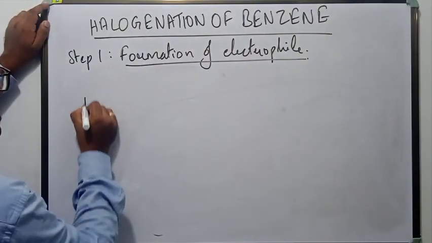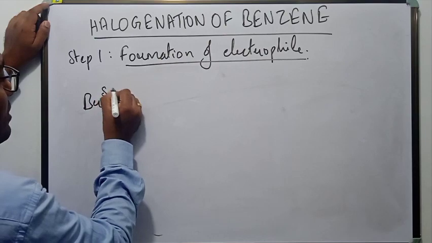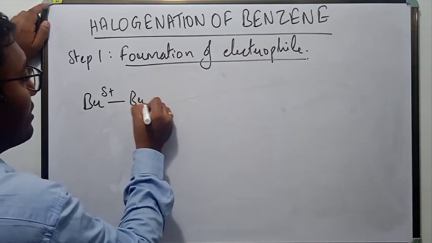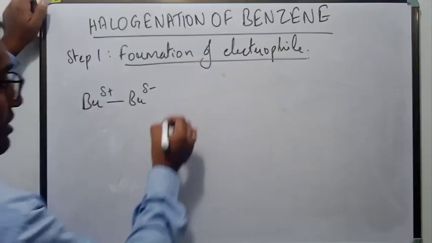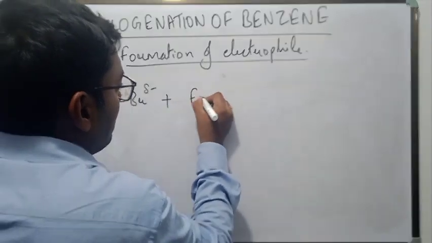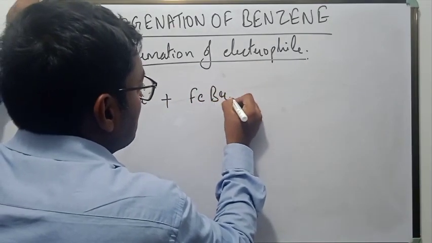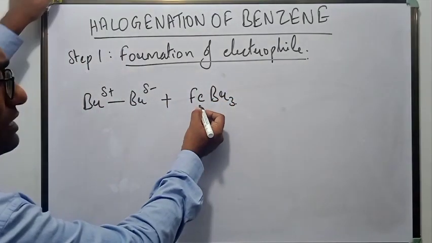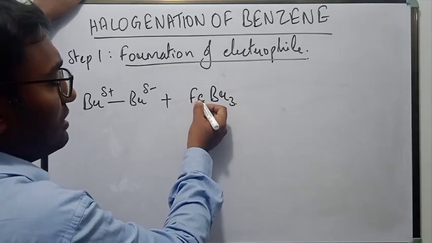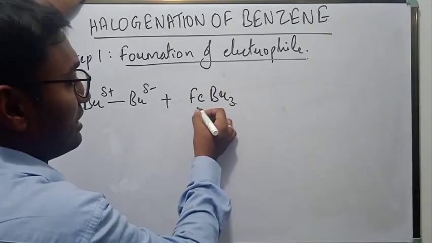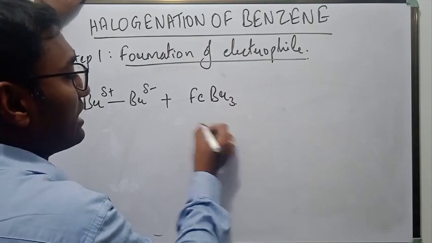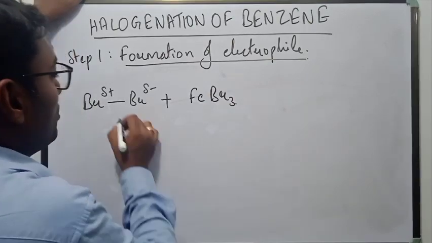I am writing Br2 as Br delta positive, Br delta negative. Now I react it with a Lewis acid catalyst. Being a Lewis acid catalyst, FeBr3 has an empty d orbital which can accept a lone pair of electrons.